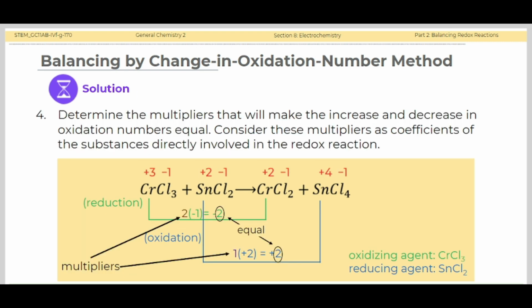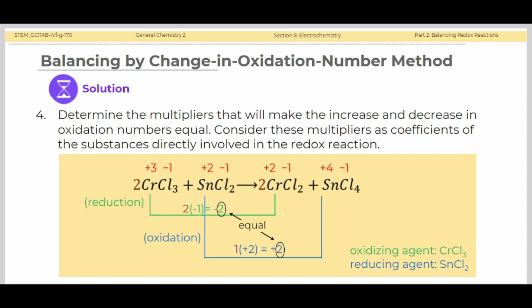4. Determine the multipliers that will make the increase and decrease in oxidation numbers equal. Multiplying the decrease in oxidation number of chromium by 2 and the increase in oxidation number of tin by 1 gives us equal changes in oxidation numbers. We should focus only on the magnitudes of changes and ignore their signs. Consider the multipliers as coefficients of the substances involved in the change in oxidation numbers.